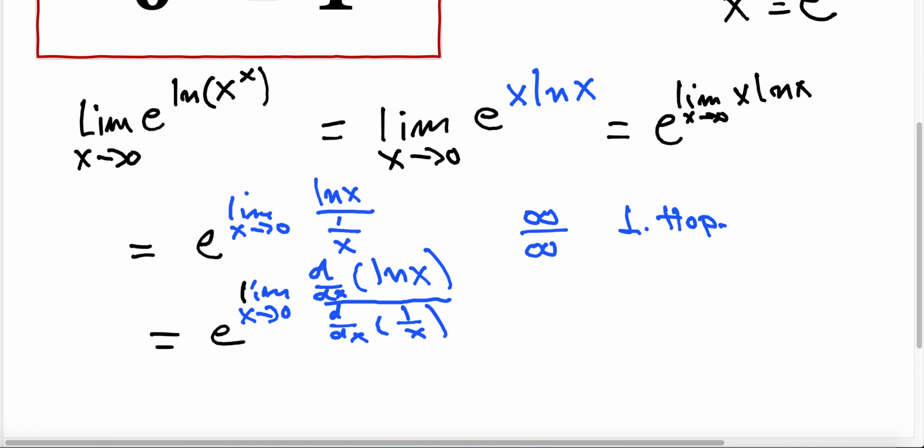So derivative of ln x is 1 over x. And when we differentiate 1 over x, it is going to be minus 1 over x squared.